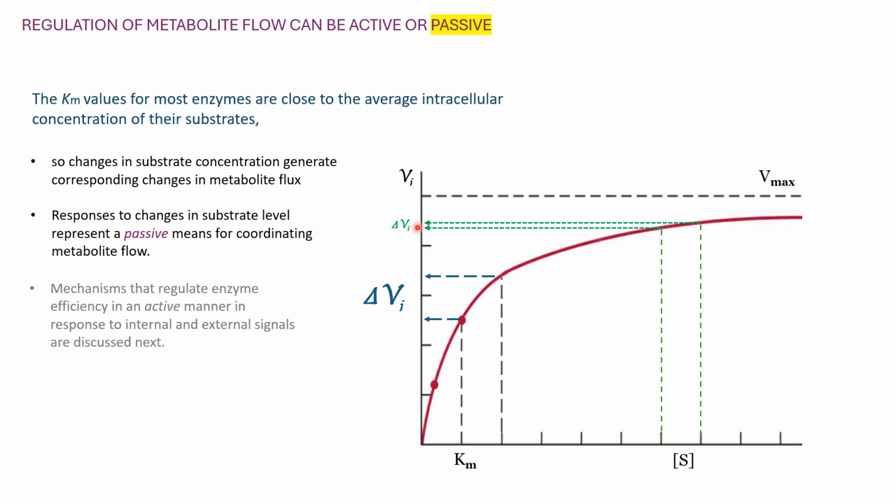So for the same unit increase in substrate concentration, we're getting a much smaller increase in reaction rate at a higher substrate concentration. So for the enzyme having a Km value, which is around about the concentration of the substrates in the cell, means that the rate of this reaction can respond very well to either an increase or a decrease in substrate concentration.